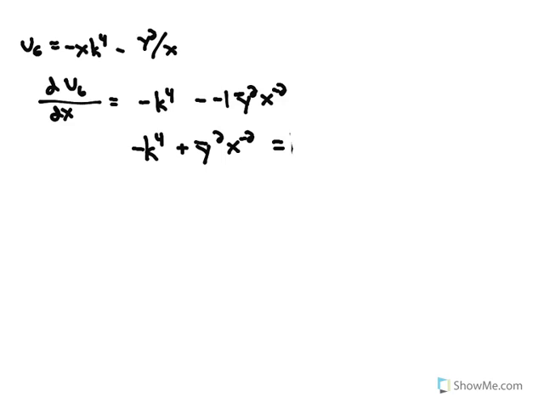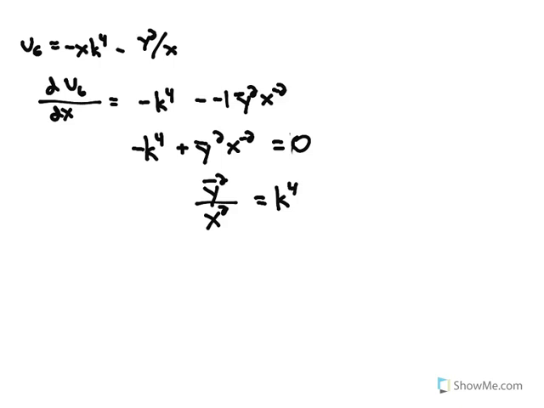Sorry, I should have gone a little bit faster there. It equals 0, and since that equals 0, I can throw the k to the other side. So y bar squared times x to the minus 2, which is the same as 1 over x squared, is simply equal to k to the fourth. Okay?